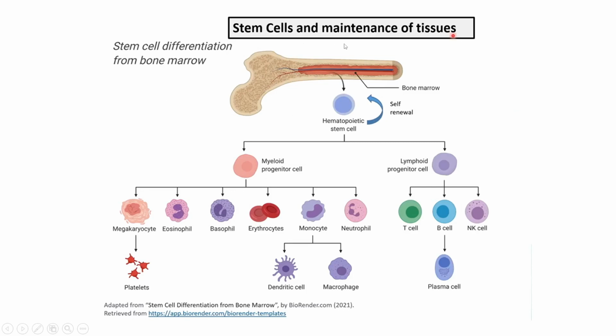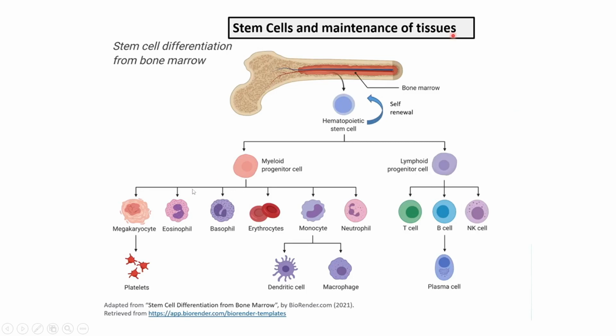So this is the differentiation of the stem cells in the blood. How different types of blood cells are formed by the hematopoietic stem cell. So from the hematopoietic stem cell, various different types of blood cells are formed. These hematopoietic stem cells are present in the bone marrow. And the differentiation of the stem cell in the bone marrow gives rise to initial progenitor cells, such as myeloid progenitor cells and lymphoid progenitor cells.